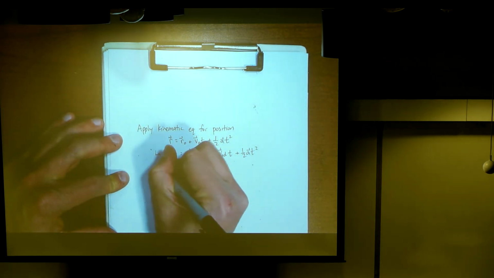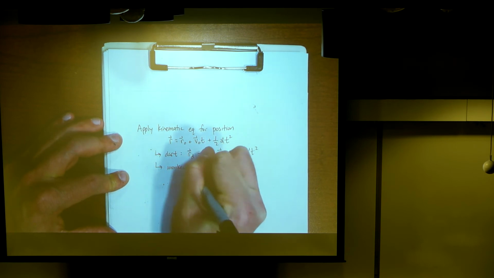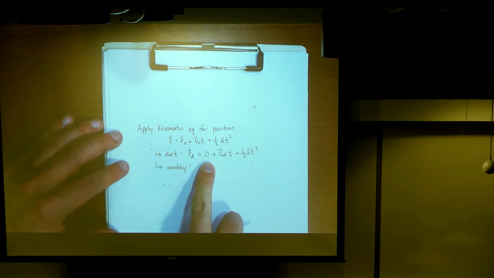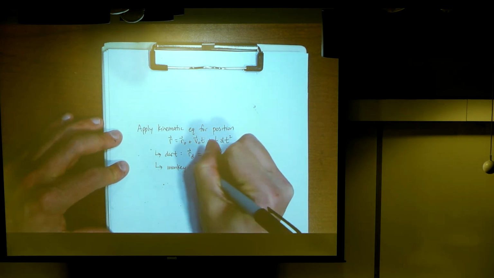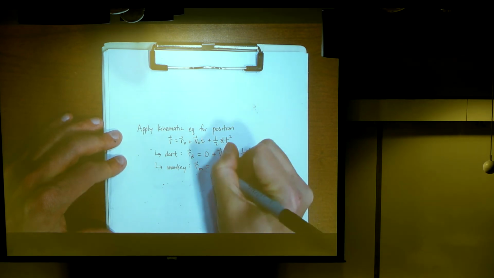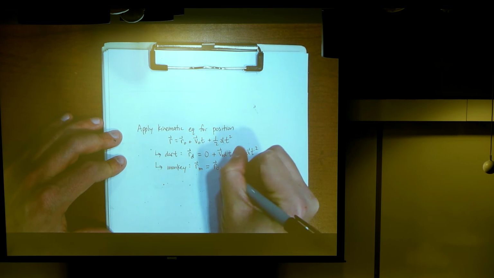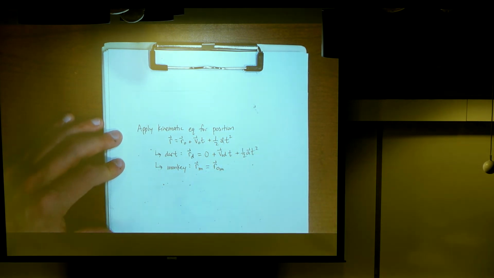What about for the monkey? So if the dart starts off at the origin, the monkey doesn't, right? The monkey has some initial position, which, again, I don't want to say anything too specific. I'll just say this is the initial position for the monkey, R0M.